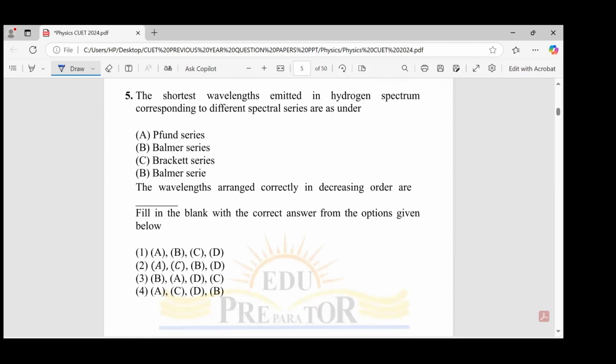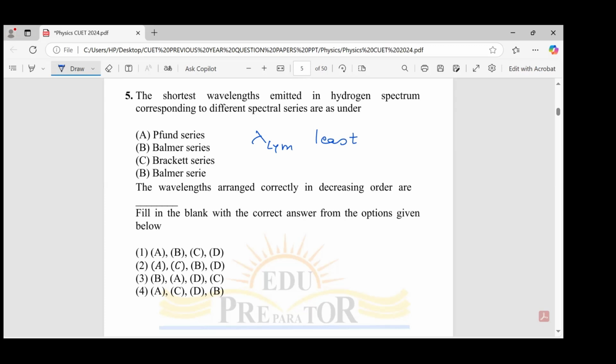Now, question number 5 again belongs to the chapter Atom. We all know that we have various spectral line series: Lyman series, Balmer series, Paschen series, right? All these series have their characteristic wavelengths, and we know that the wavelength of the Lyman series is the least.